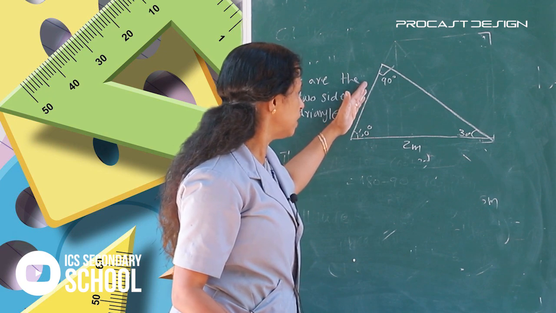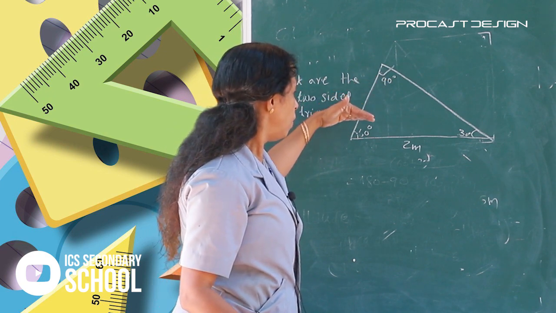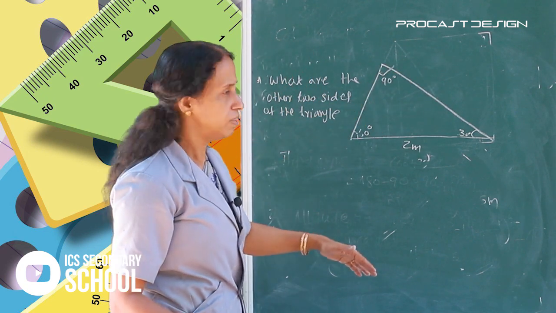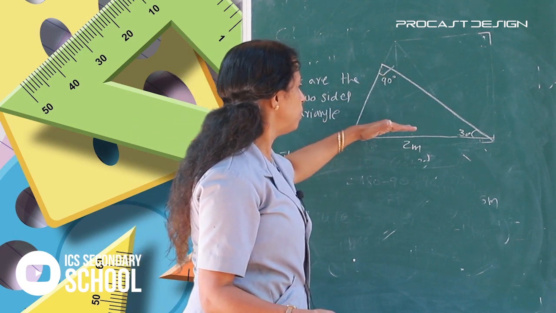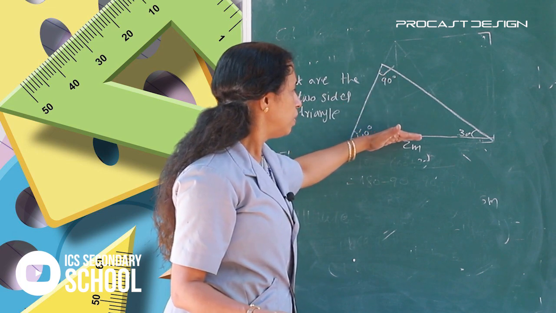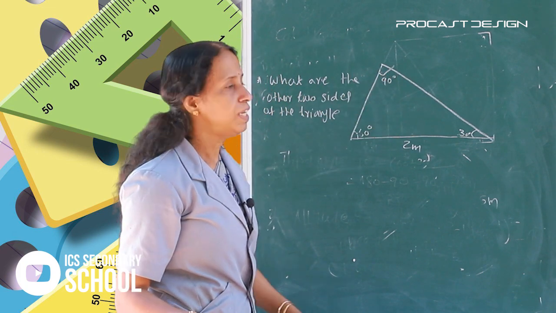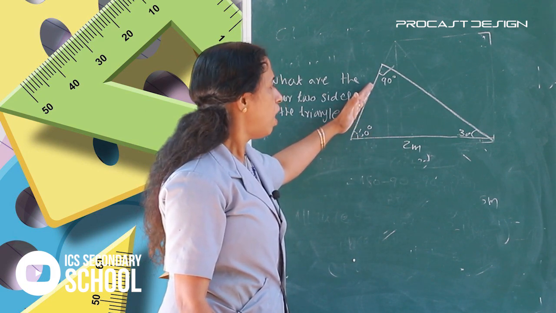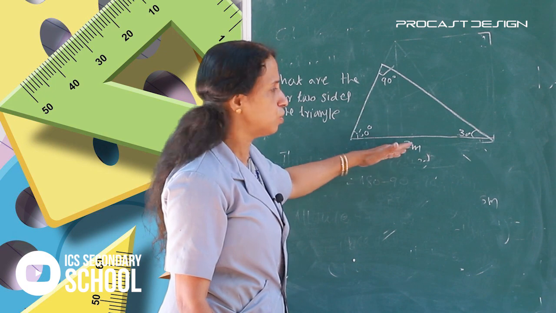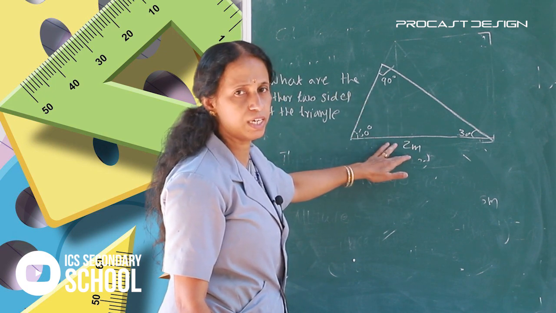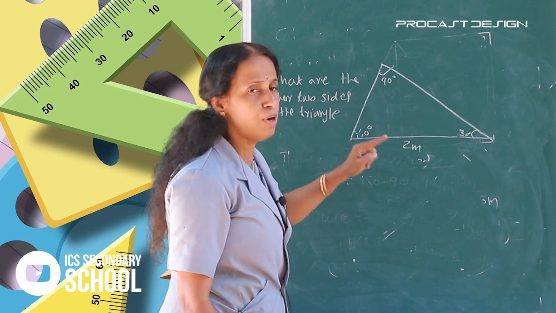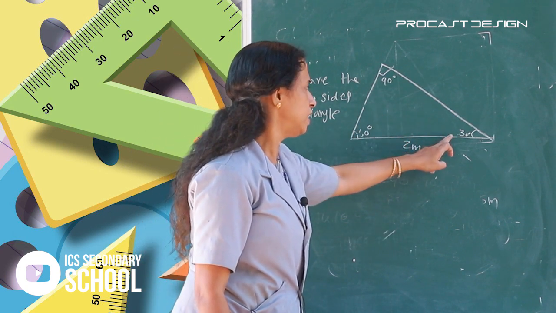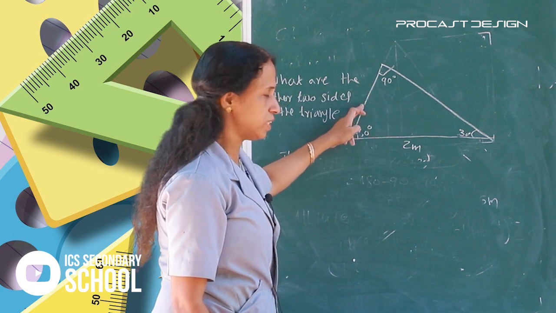The side opposite the 60 degree angle is the third side. The side opposite the 90 degree angle is the hypotenuse. The shortest side is half of the longest side, and the longest side is double the shortest side. The side opposite 30 degree is the shortest side.